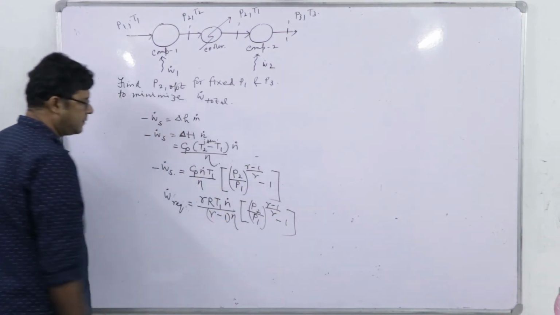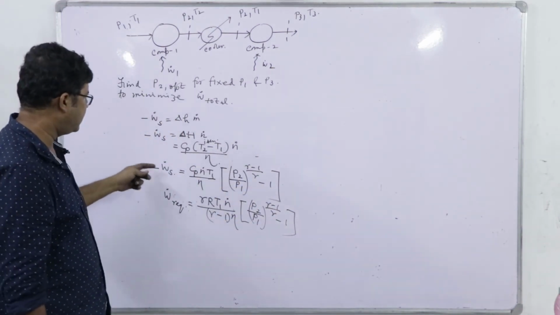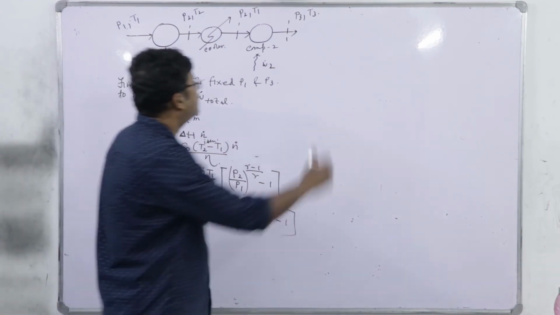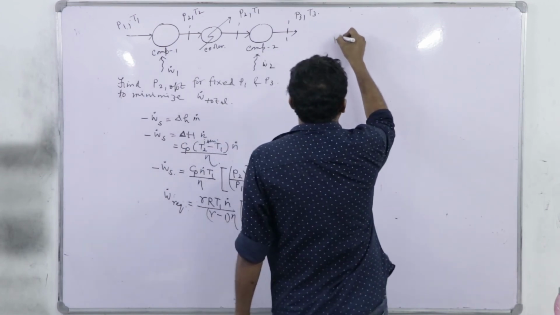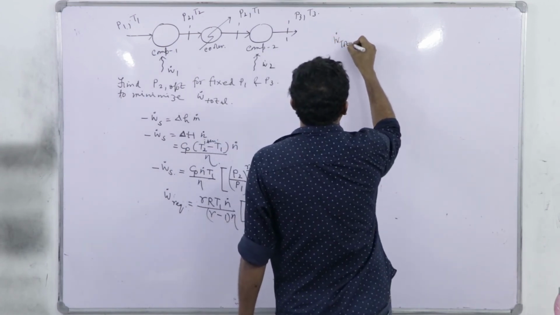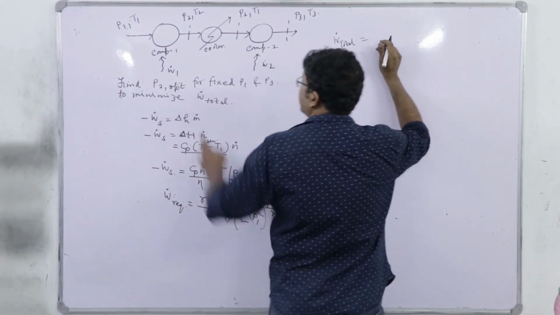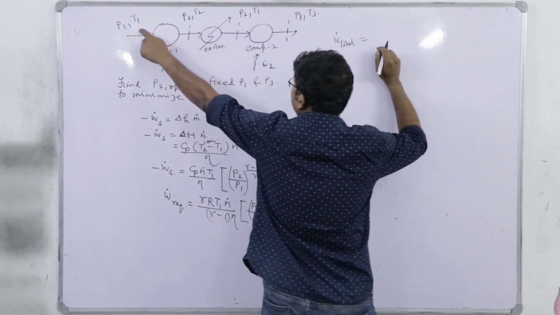This is positive. P2 is higher because previously it was negative. So minus of W dot S is the work required. So here for the present case, W dot total is W dot 1 plus W dot 2, and in both the cases the inlet temperatures are same.